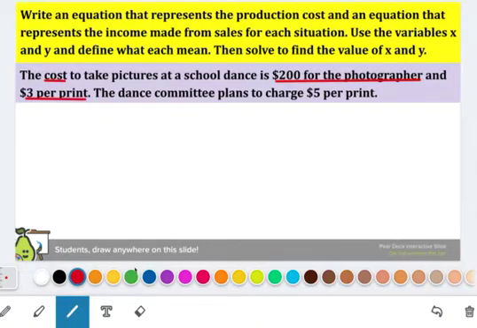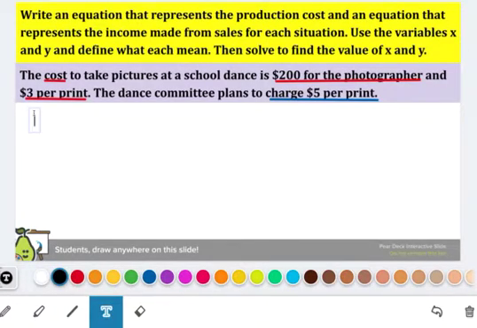The dance committee plans to charge $5 per print to give you each print of your pictures to take home. So the cost here is 200 plus the $3 per print. We'll say X is per sheet of print, and that's going to equal Y.